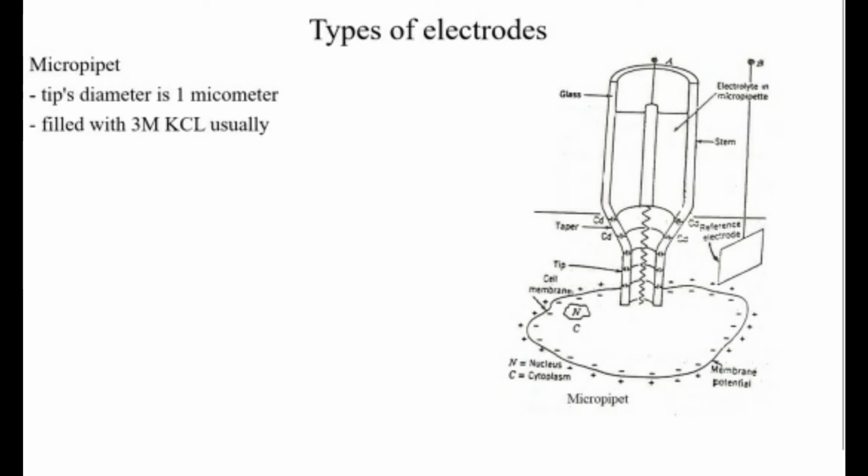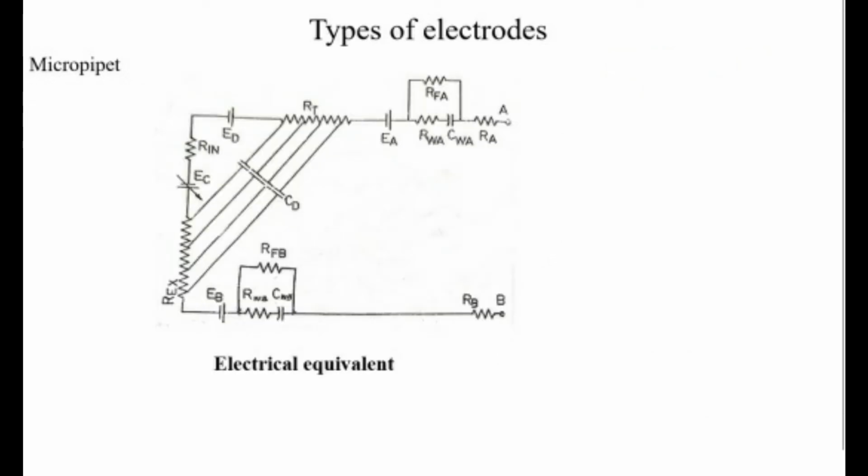The other end of the metal wire is mounted to a rigid support, and the other free end of it is resting on the cell. The equivalent electrical circuit can be drawn as shown in the diagram. From the figure, EA is the potential between the metal wire and electrolyte filled in the micropipette.